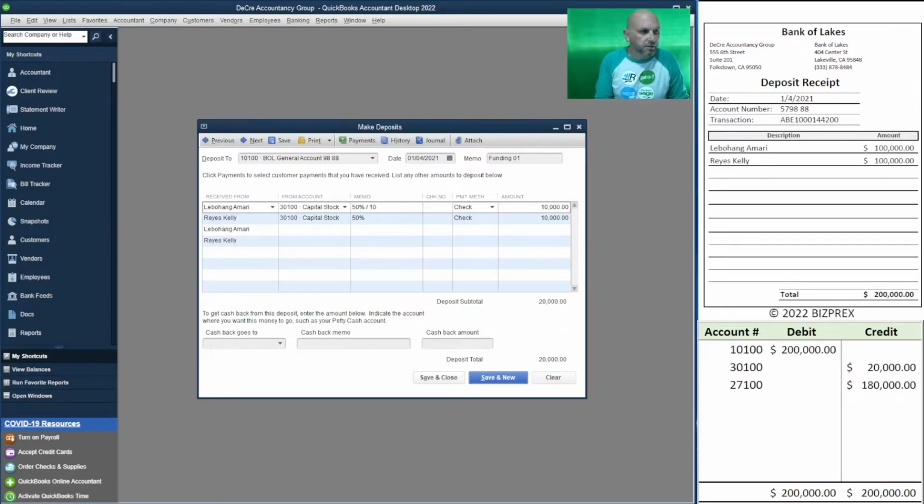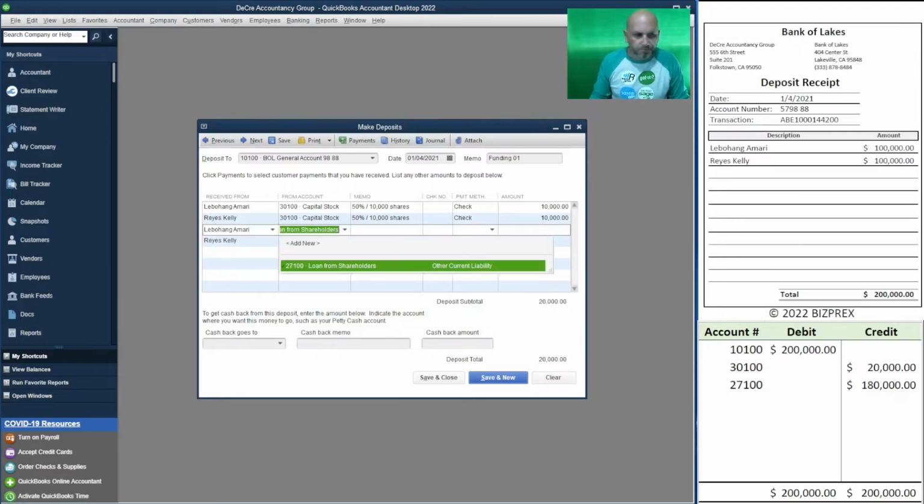So let's say it's 10,000 shares. Right. And the rest is debt, right? Again, we have it right here. So it's loan from shareholders. It's going to be split equally, right?